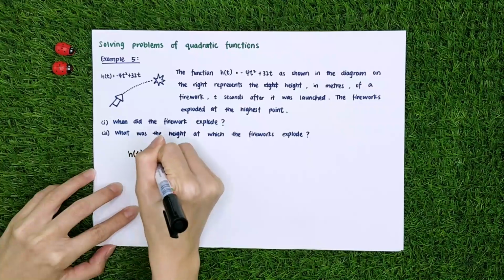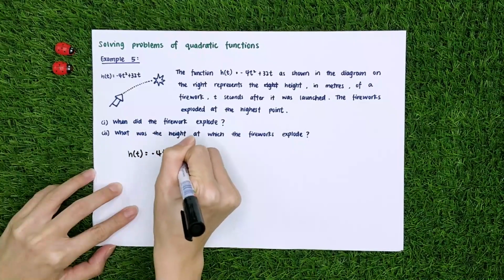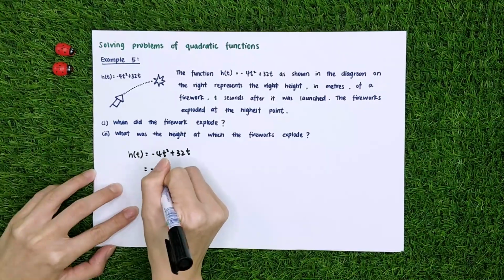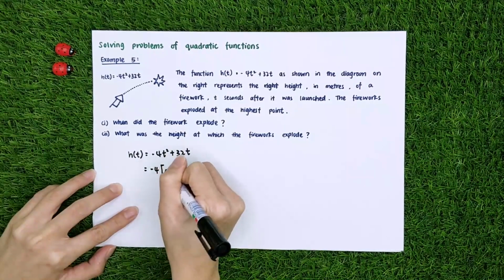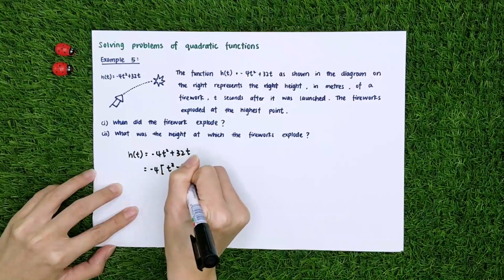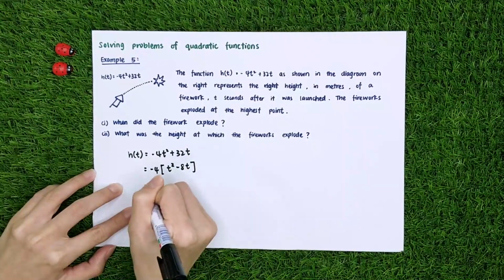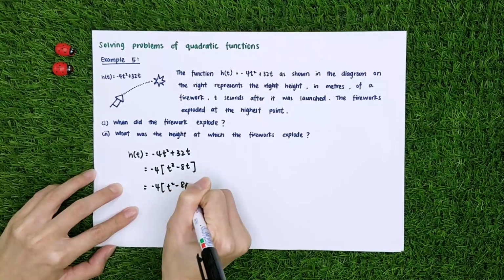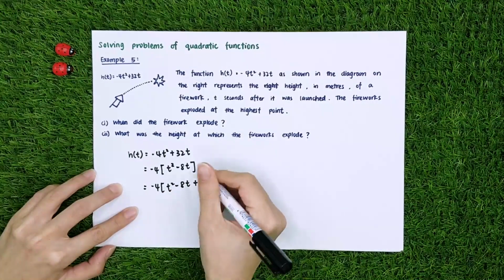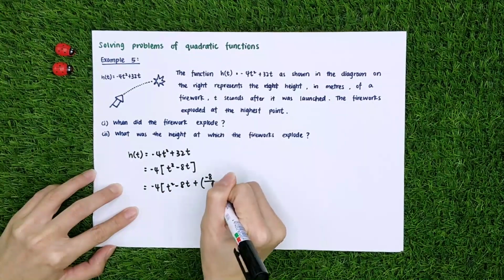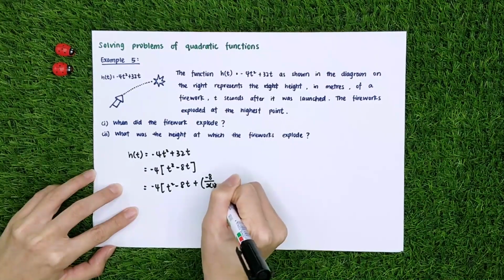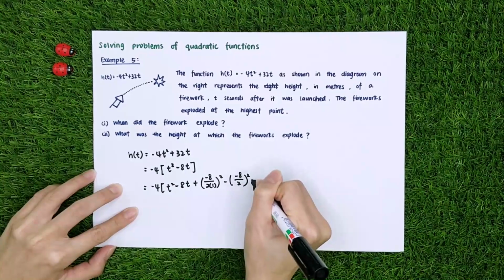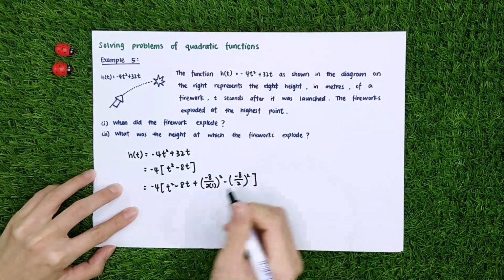So h(t) equals −4t² + 32t. The first step of changing to vertex form is taking out the coefficient a. So it becomes −4(t² − 8t + (b/2a)²). Here b is −8, over 2a, where a is 1, so (−8/2)², and I don't have the c, so I will stop here.